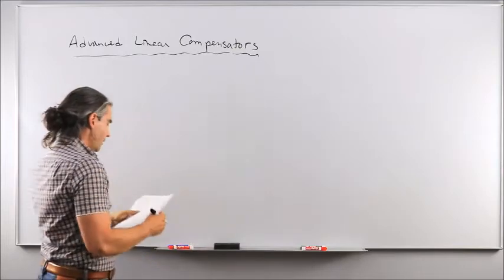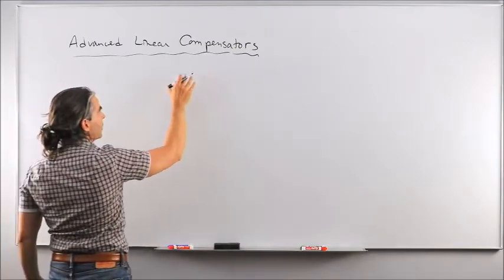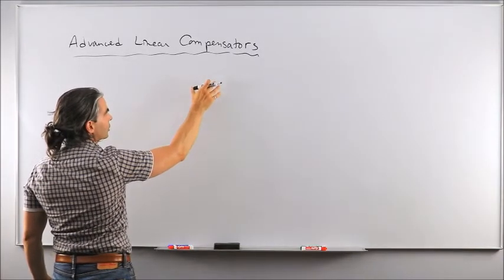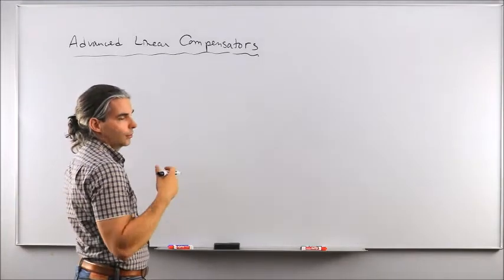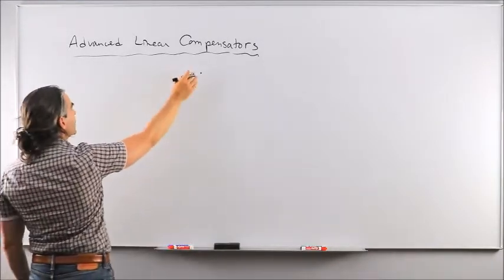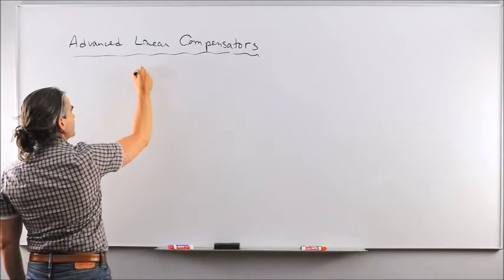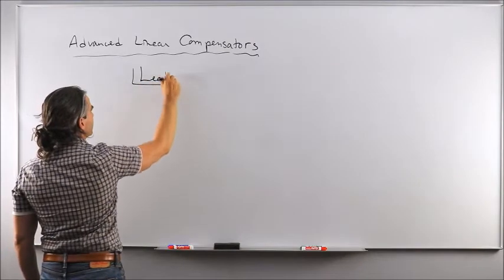Okay? However, the price to pay is a slightly more complex structure in terms of transfer function compared to that of a simple P or PD controller. Okay? So the first one of which, in terms of advanced compensators, is going to be the lead compensator.